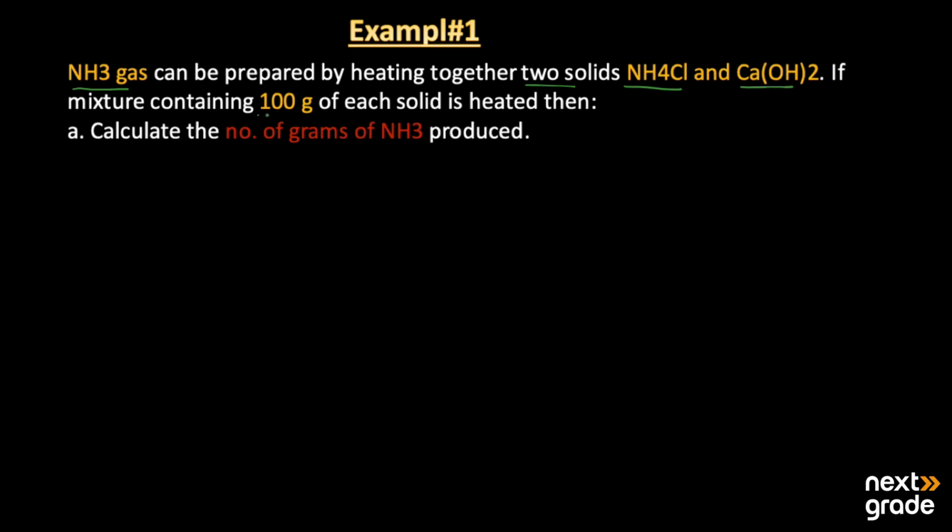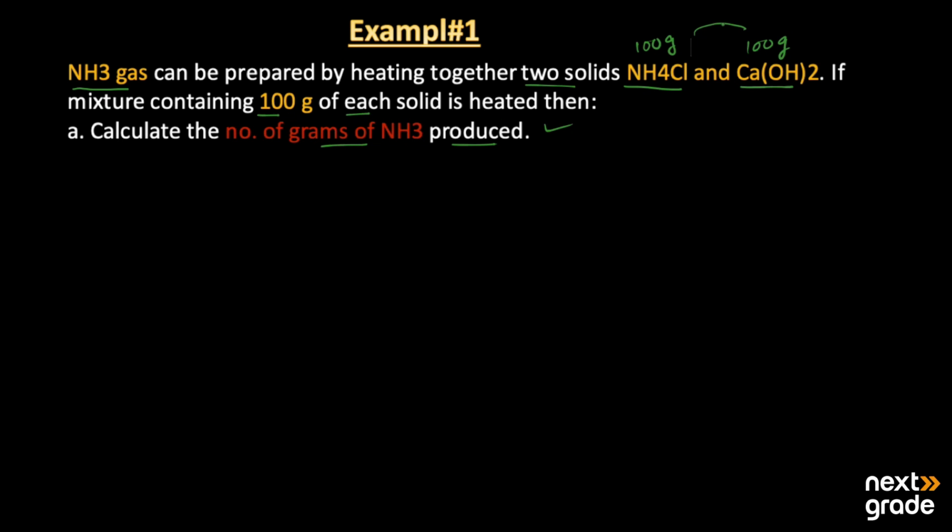If the mixture contains 100 grams of each, it means we have 100 grams of ammonium chloride and 100 grams of calcium hydroxide, then calculate the number of grams of ammonia produced. So here we have to calculate the number of grams produced by heating both of the substances.